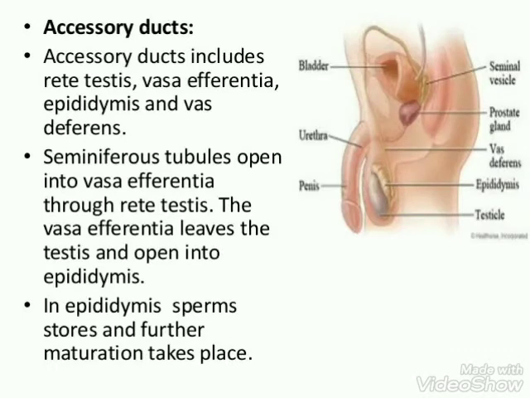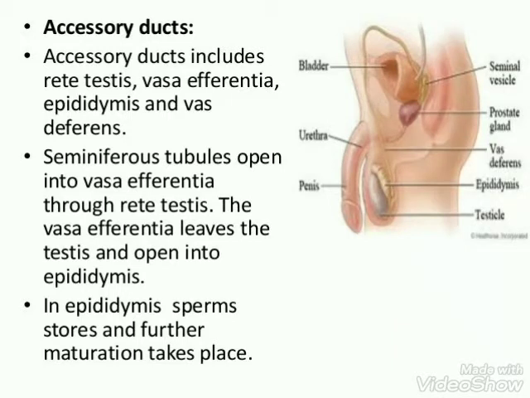Next, we will study about the secondary sex organs or the accessory sex organs, which include the accessory duct system and accessory glands. So first of all, we will study about the accessory duct system. The seminiferous tubules open into the vasa efferentia through rete testis. Several vasa efferentia open into the epididymis and carry sperm outside the testes.